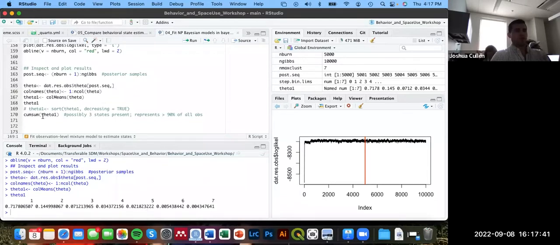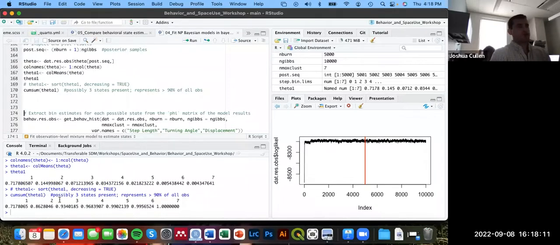And then we can also look at the cumulative sum of these. A general rule of thumb that we've used in some of our papers is that the states that add up to represent 90% or more of the observations are probably the most likely states that are actually present. But ultimately, you also want to look at the state-dependent distributions of each variable to see if they make biological or ecological sense.